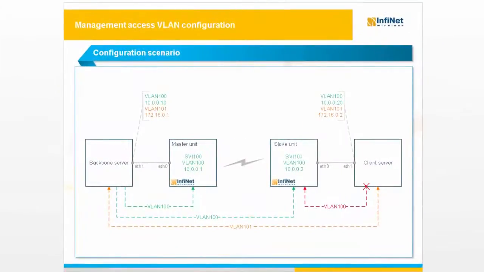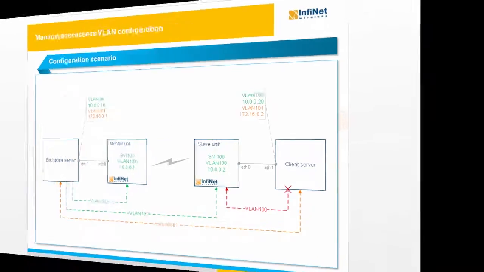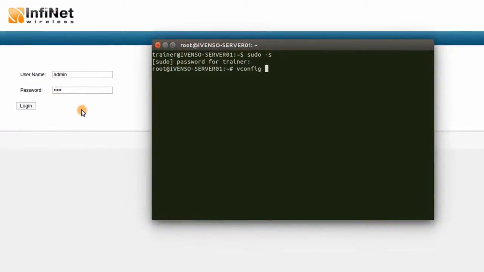In order to test the management access, I have to add VLAN 100 to the Ethernet interface of the backbone server, which is connected to the master unit. An IP address has to be also assigned from the network subnet of the management IP addresses.